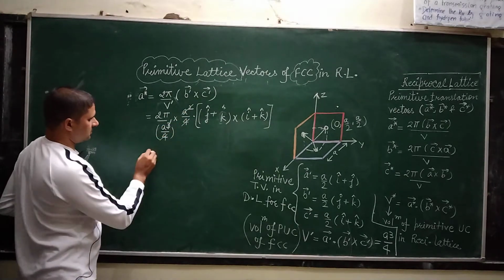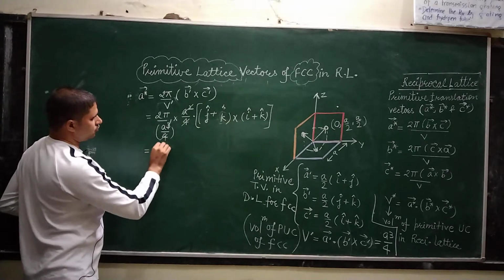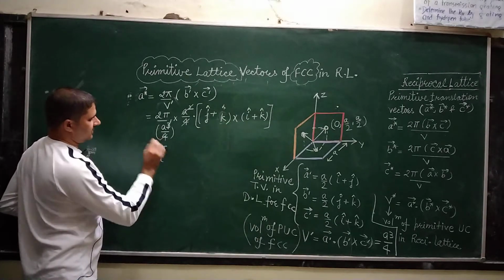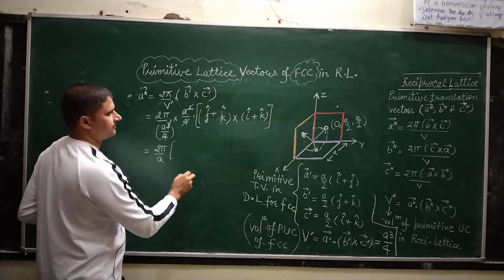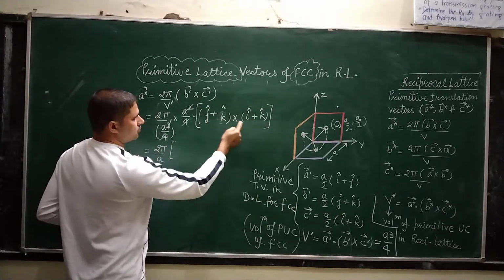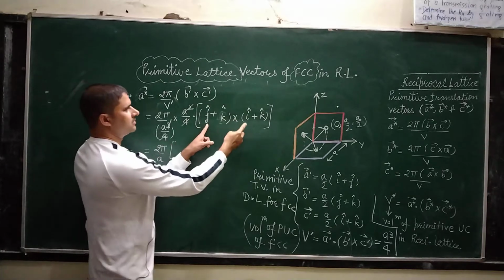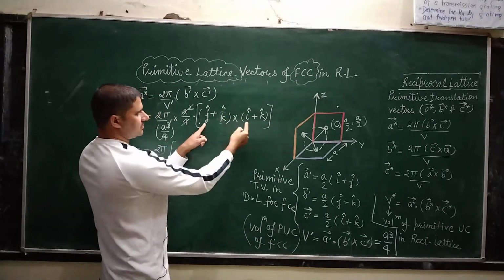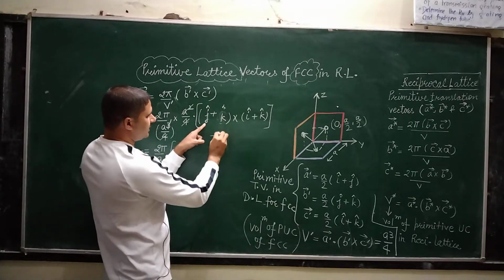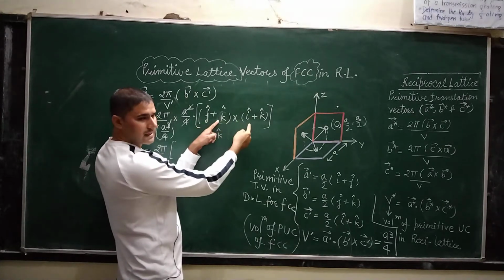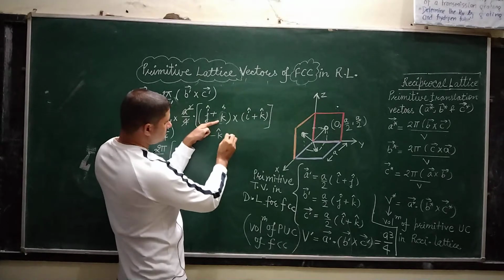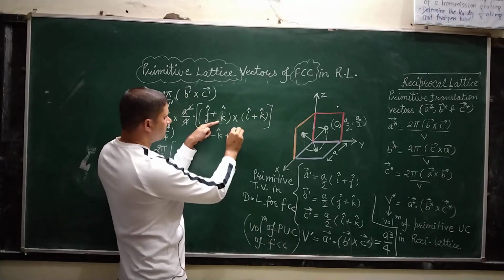4, these will cancel and you are left with 2 pi by a. Okay, from all this, and here you will see, if you take j cross i, it will be minus unit vector k, and if you take k cross i, it will be plus unit vector j.